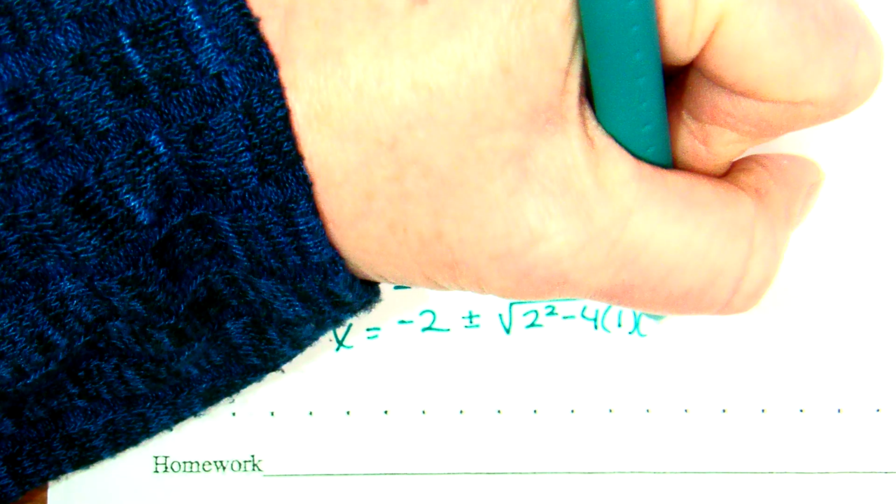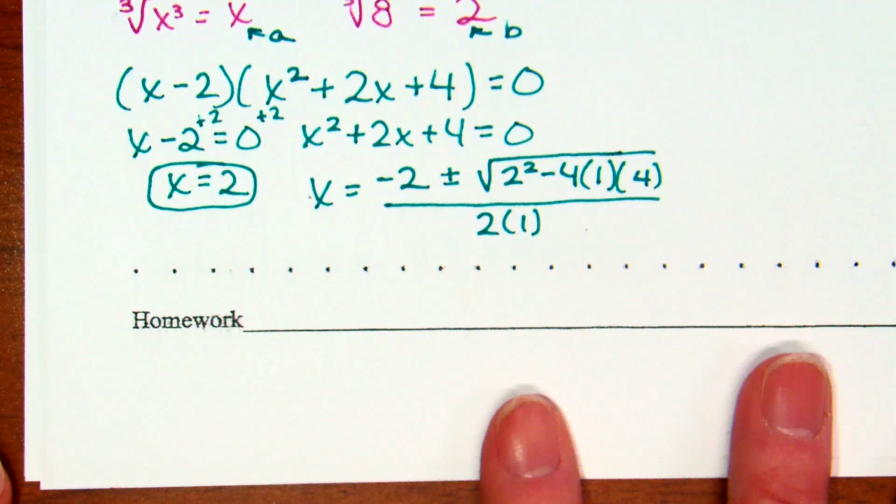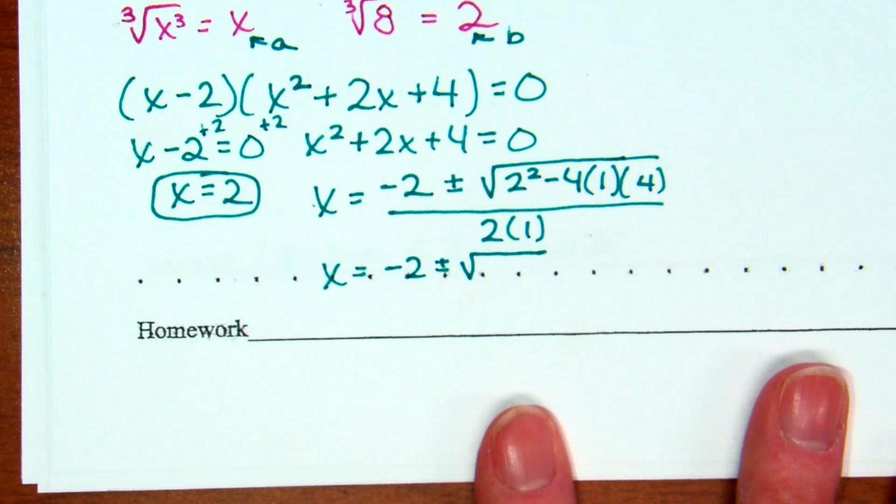Okay, clean up. Negative 2 plus or minus 2 squared is 4. 4 times 1 times 4 is 16. What's 4 minus 16? Negative 12 all over 2.